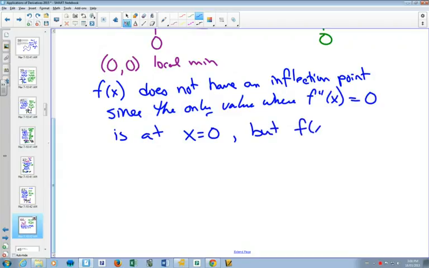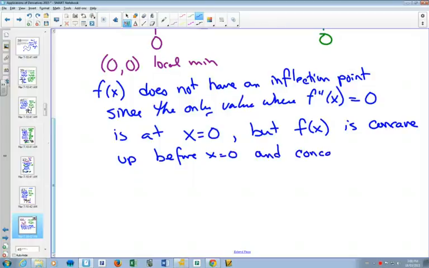But f of x is concave up before x equals 0 and concave up after x equals 0.